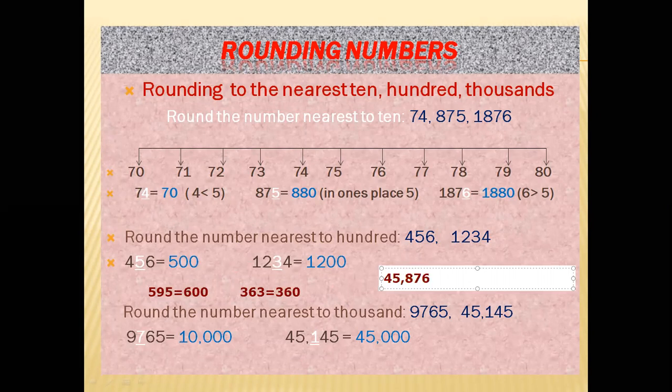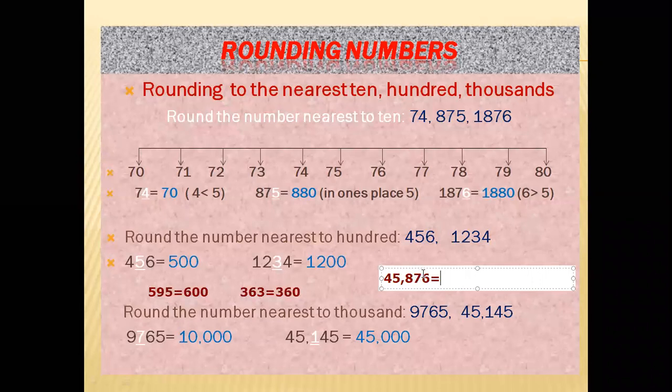Next, see 45,876. Round the number nearest to 100. 100 means we have to see which place digit now? Tens place digit, right?